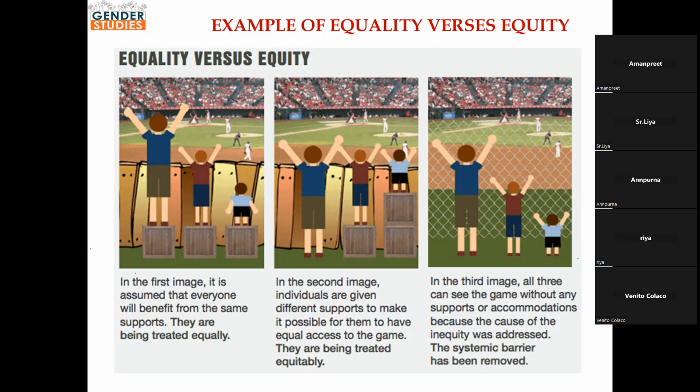So to provide equal opportunity to all persons, irrespective of male, female, disabled persons, or any marginalized society, not only do we have to give equal opportunity, but we have to give different supports to different persons, right, guys? So equity leads to equality, right?